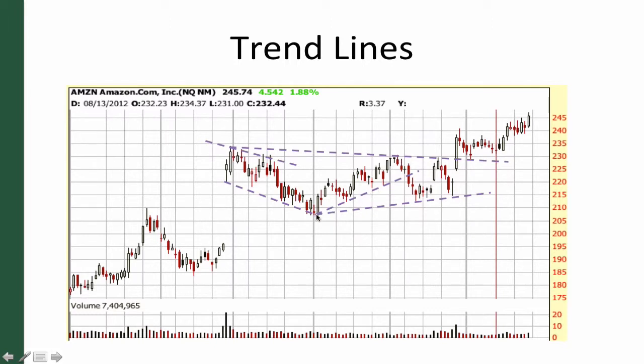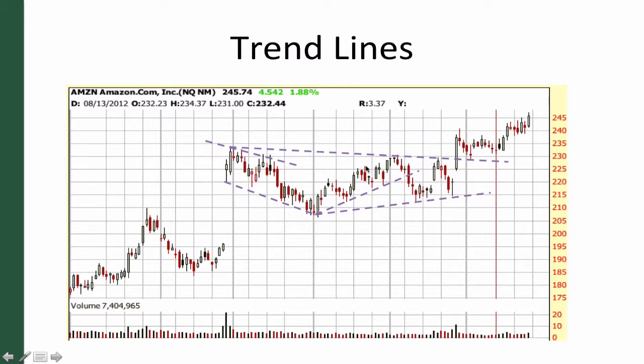And if we draw a line from this same point down here to this point, that same point will predict that point. And likewise, if we draw a line from this top to the top of the next peak there, that point predicted that point.